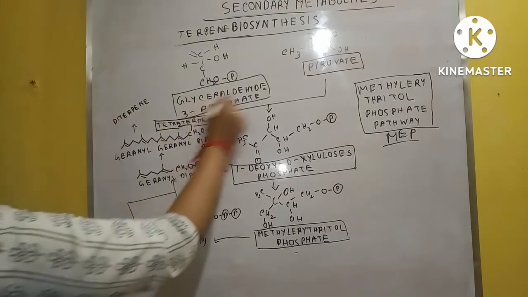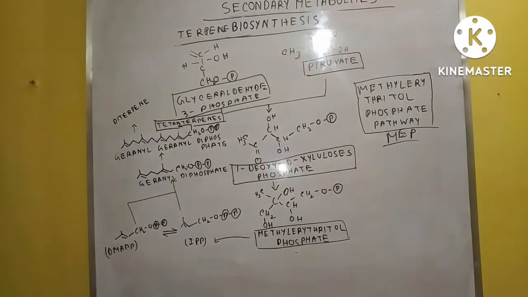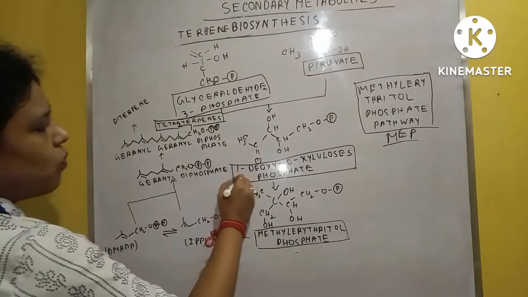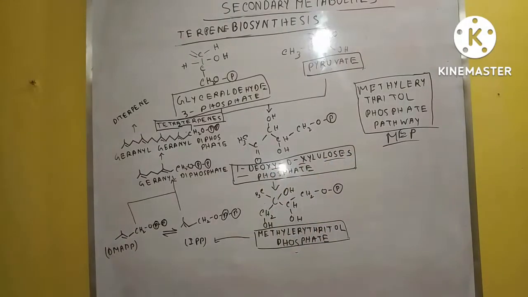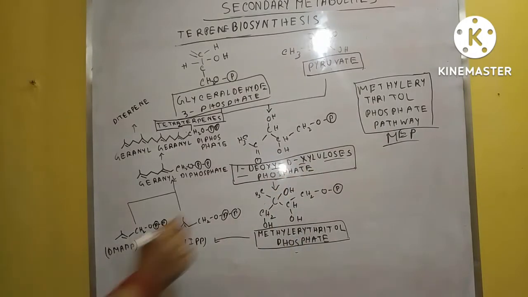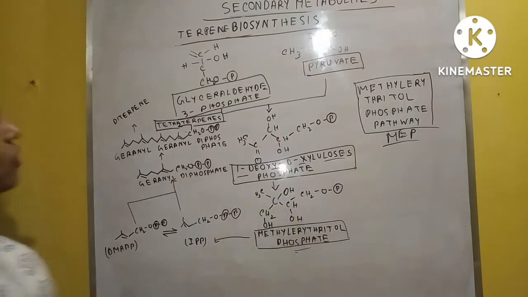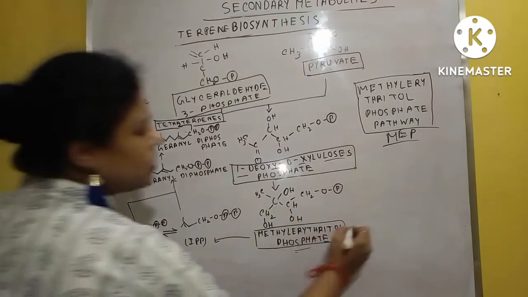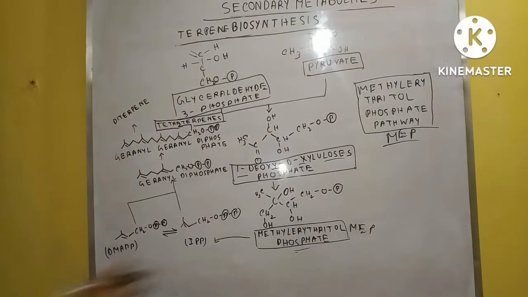The glyceraldehyde 3-phosphate and pyruvate both are added to form the 1-deoxy-D-xylulose phosphate. From this, the methyl erythritol phosphate is formed. MEP is formed. From the MEP, the IPP and DMAPP are formed.